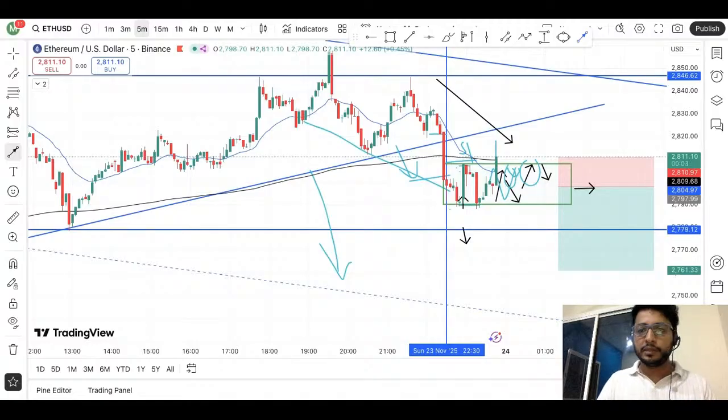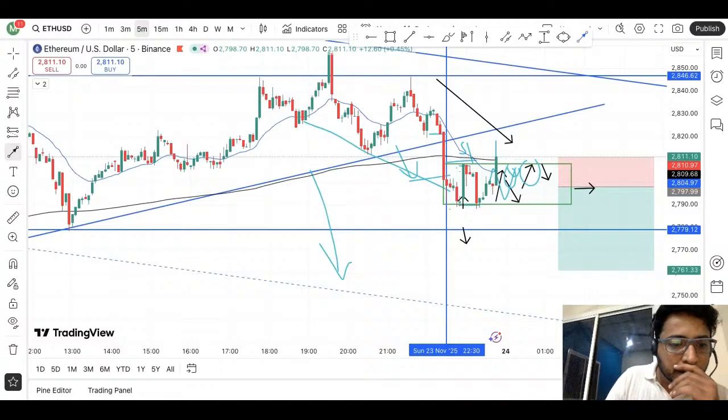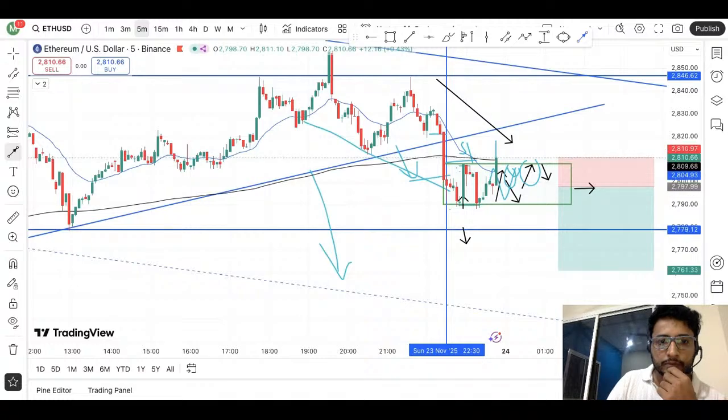I'm trying to make this particular screen bigger. Let's see, am I able to do that or not? Stop sharing, and now I will share the screen once again.